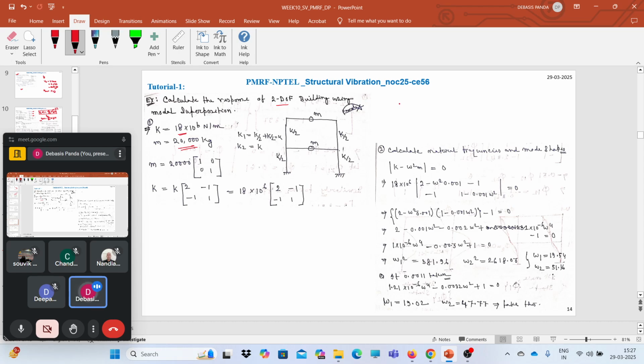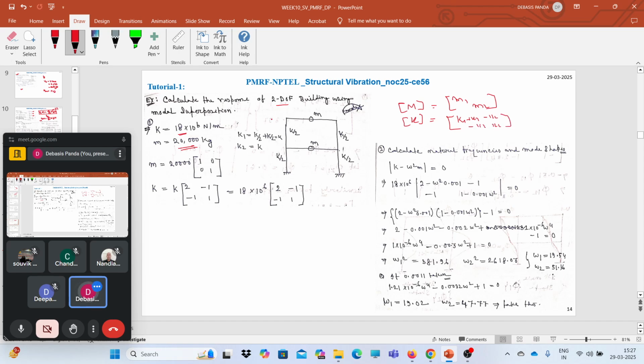So first, what we need to do is formulate the mass matrix and the stiffness matrix for this shear building model, right? The mass matrix, we know, is a diagonal matrix m1, m2. For the k matrix, we need to formulate it like k1 plus k2, minus k2, minus k2, k2.